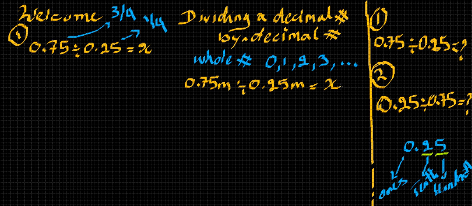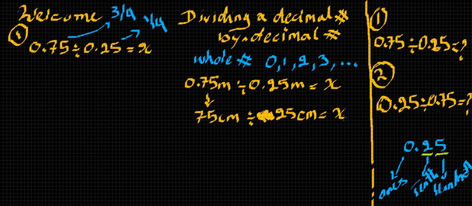I'm going to put the answer that we don't know as an X, or you could put any other letter, because we don't know what it is yet. So if I convert this, this would become 75 centimeters divided by 25 centimeters, which equals x. We don't know the answer yet.